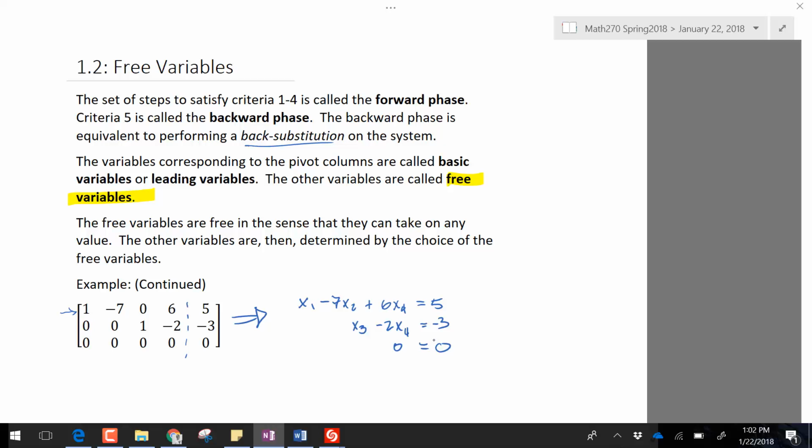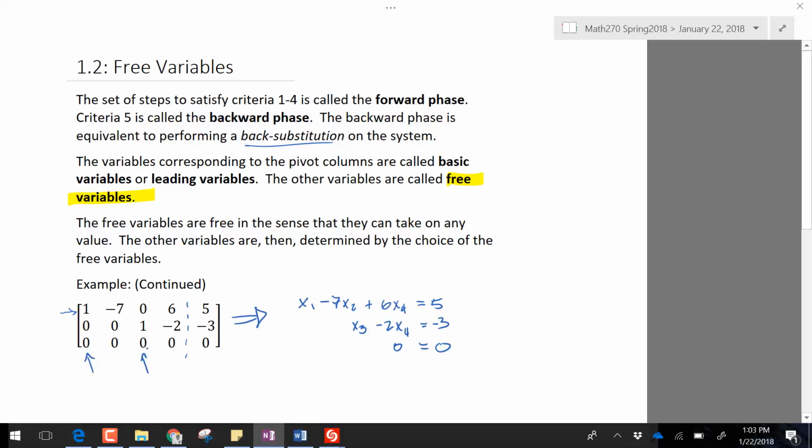So the question is, what is our solution going to look like? All right, according to this definition, we have some free variables involved here. Which ones are the basic or leading variables? So remember, we pointed at the pivot columns.